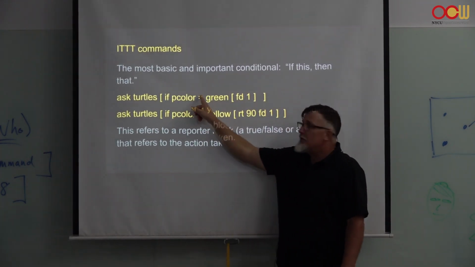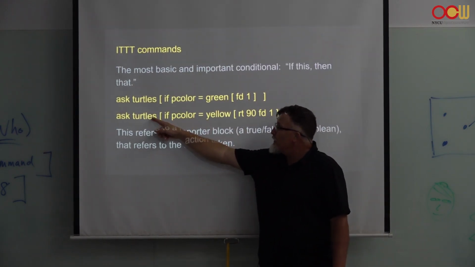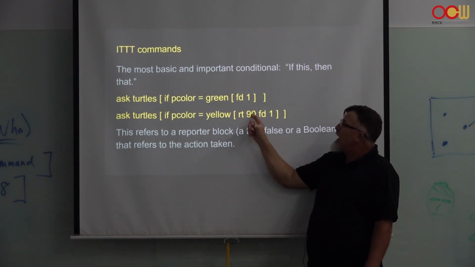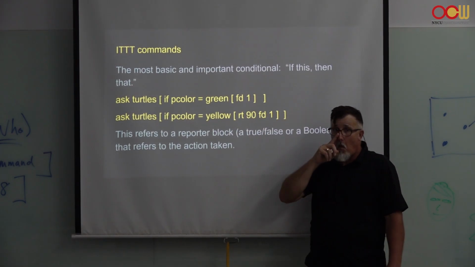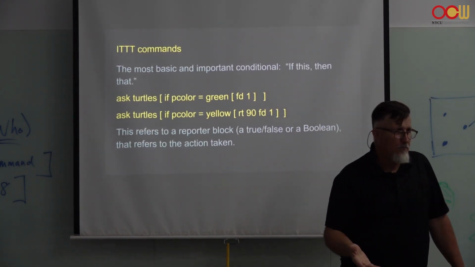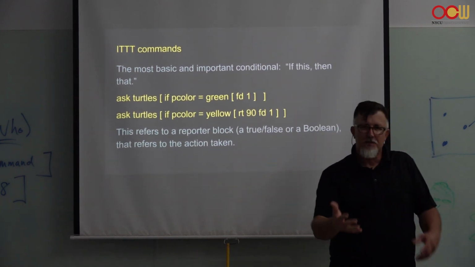So if condition met, do this. Here's another example. If P color equals yellow, right turn 90 degrees forward 1 step. All right? You'll use this all the time. If, then. If this, then that.